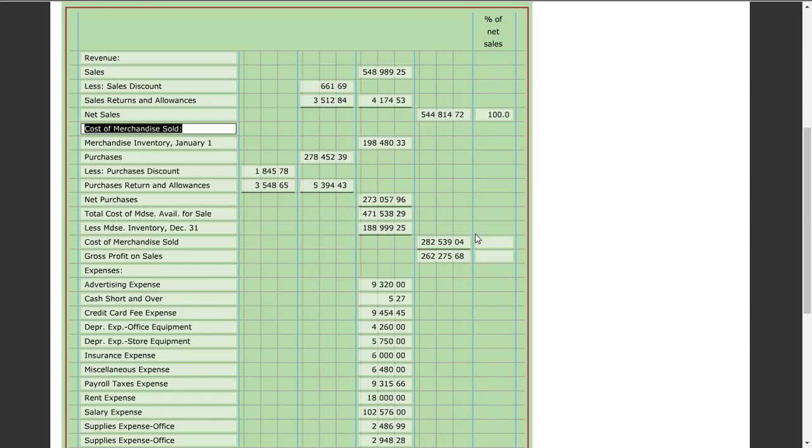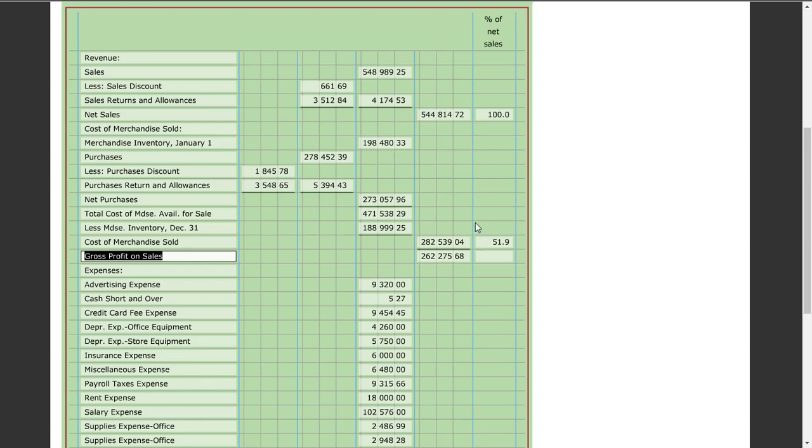Now, what we do next is I have to take my cost of merchandise sold, my 282,539.04, and divide by the 544,814. We're dividing everything by that 544 number. Look, 51.9. You got to round correctly. Now you take your gross profit on sales, 262,275.68.